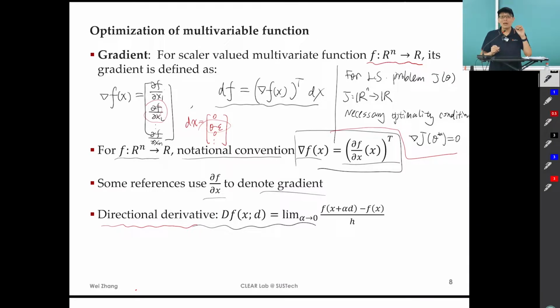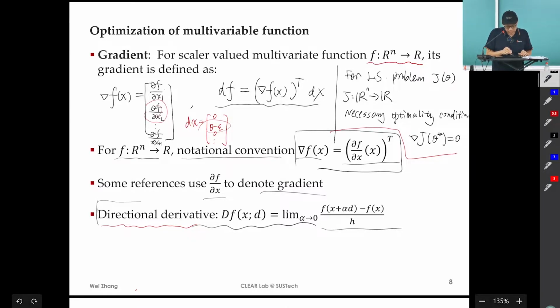Let me emphasize, although I'm not going to use it a whole lot in this class, the directional derivative is the key to understanding a majority of optimization problems. The gradient is nothing but the collection of directional derivatives. Even for trajectory optimization in functional space, the directional derivative is the key.